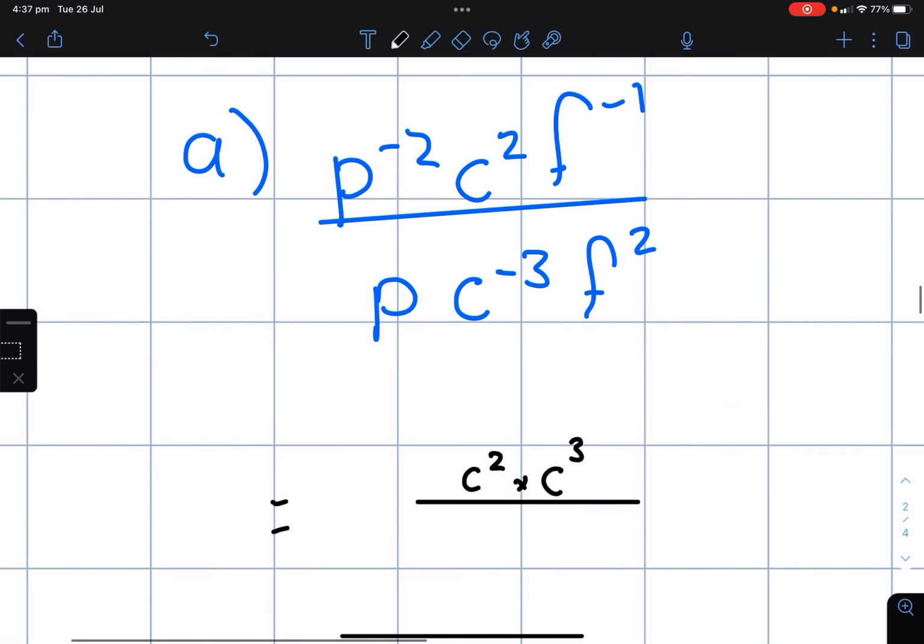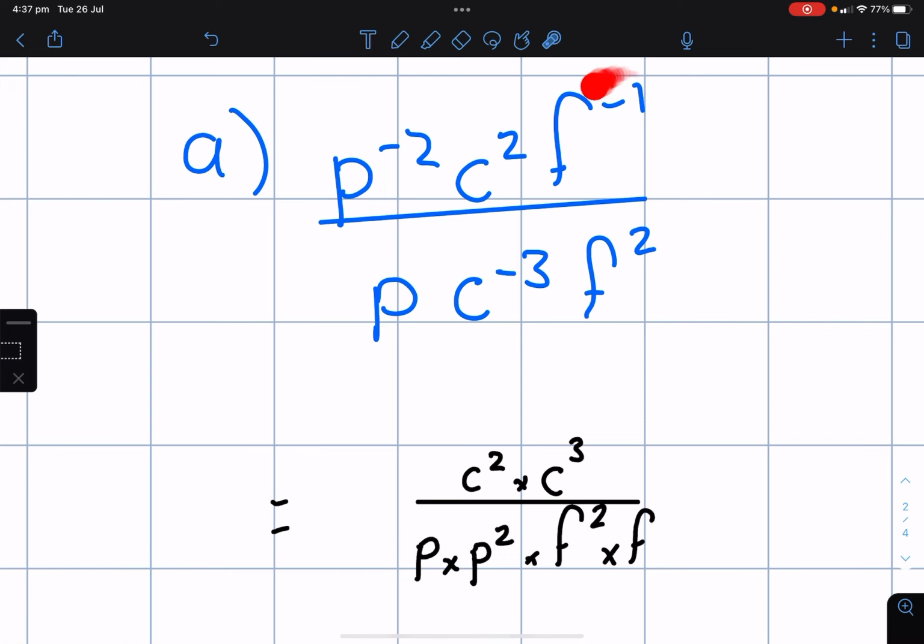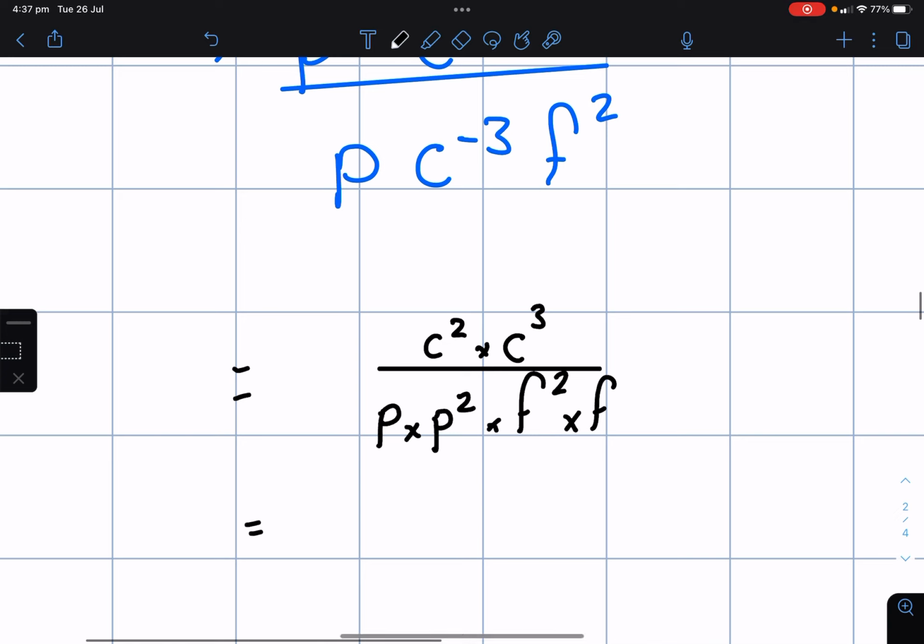Now, if we're looking at the P's and the F's, P's first, so P on the bottom here, times by P squared, that's our P to the power of negative 2 coming to the denominator. And then we've got times F squared times by F to the power of positive 1 because we've taken this F to the bottom.